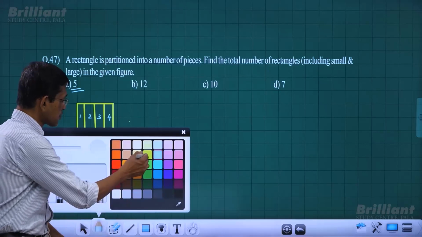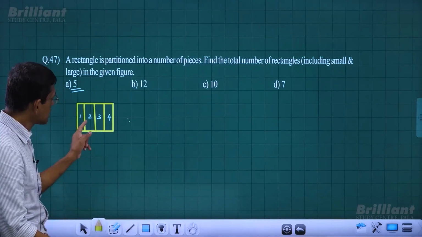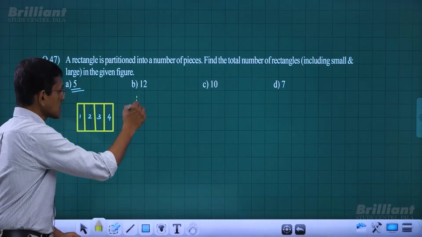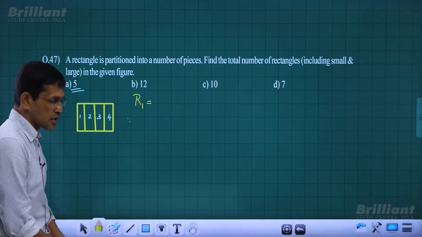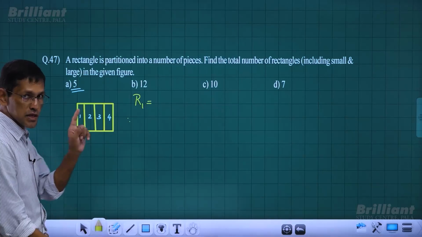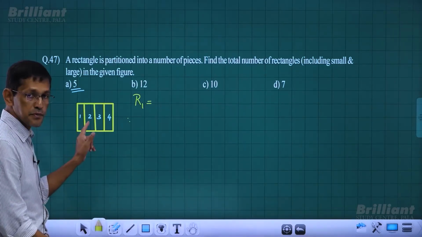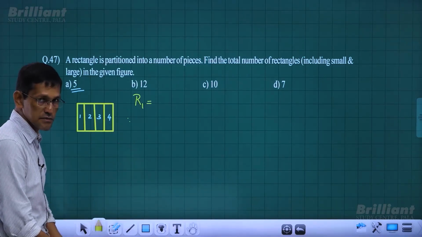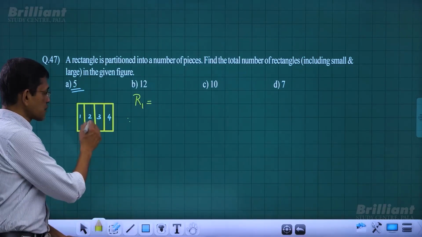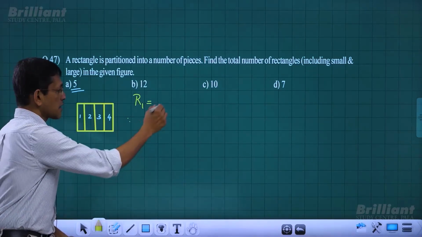If I take one piece at a time, I mark it as R1, that means one rectangle at a time. So 1 alone is a rectangle, 2 alone is a rectangle, 3 alone, 4 alone. So if I take one piece at a time, I have 4 rectangles.